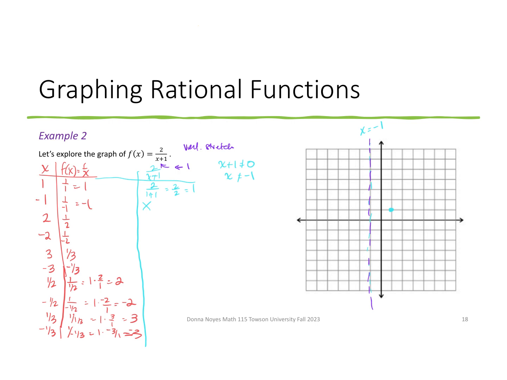This doesn't exist. Not allowed. Okay, let's try 2. 2 should work. 2 over 2 plus 1 is going to give us 2 thirds. So we have 2, 2/3. Okay, negative 2 will give us 2 over negative 2 plus 1, or 2 over negative 1, which is negative 2. So negative 2, negative 2.